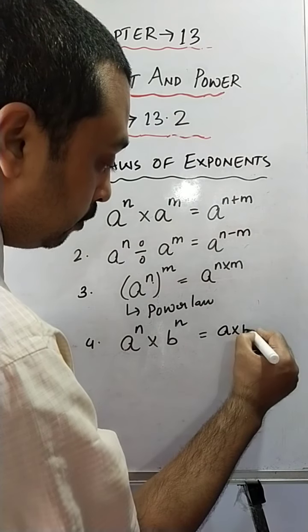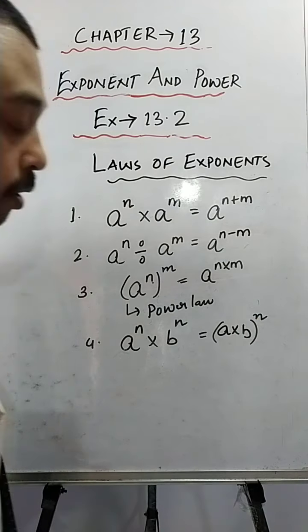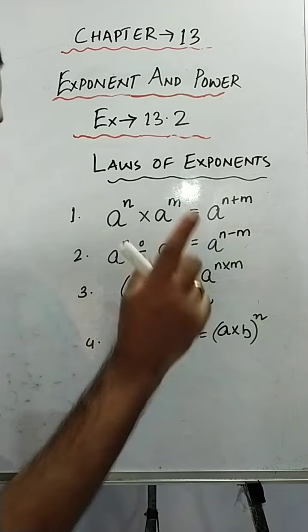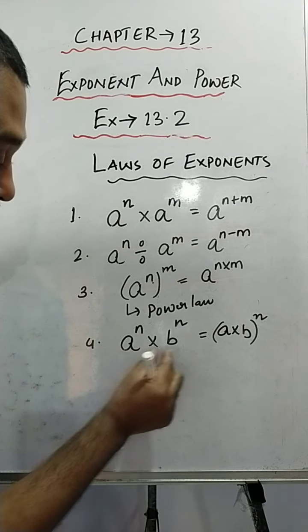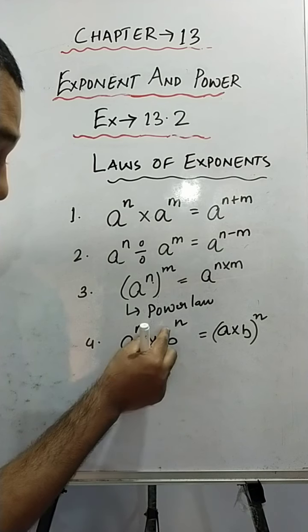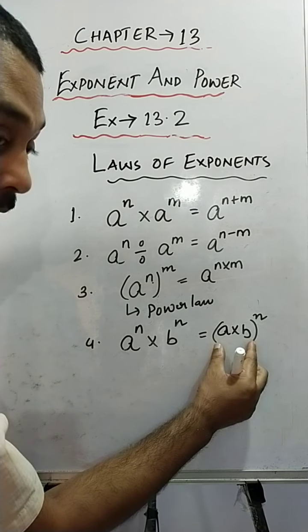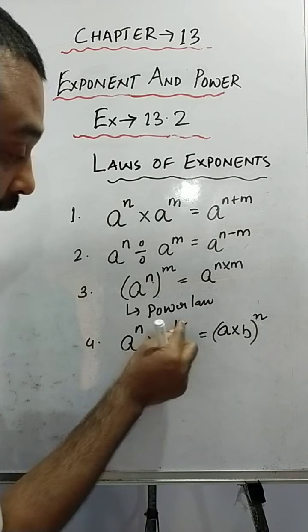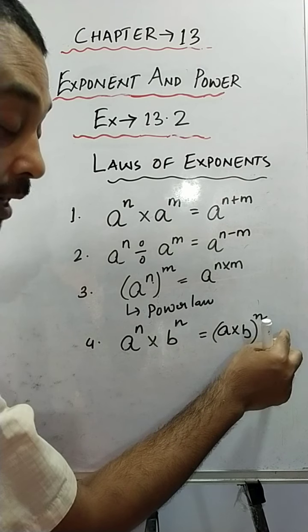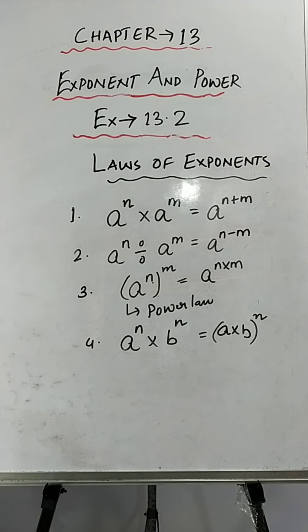You will bring all the bases together in one bracket with a multiplication sign and you will take the power as common. So these 4 laws will be very important for exercise 13.2. Please write it down, all of you.